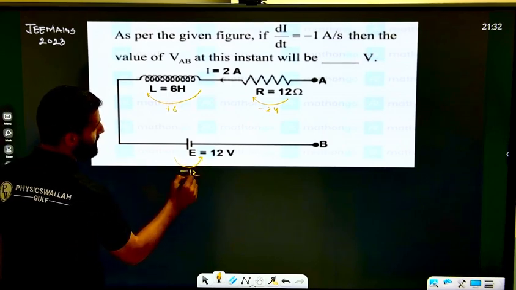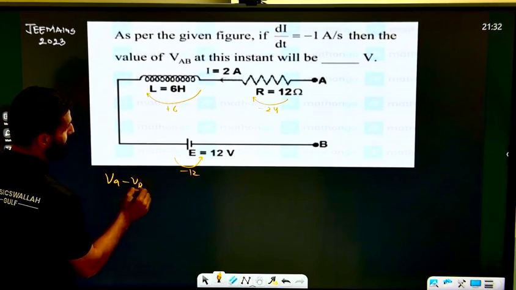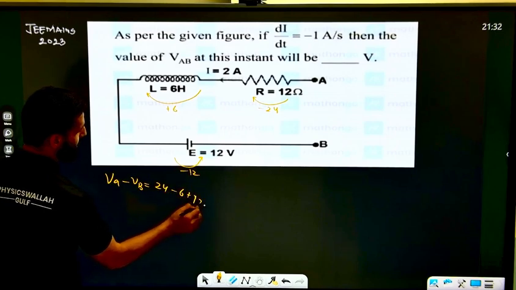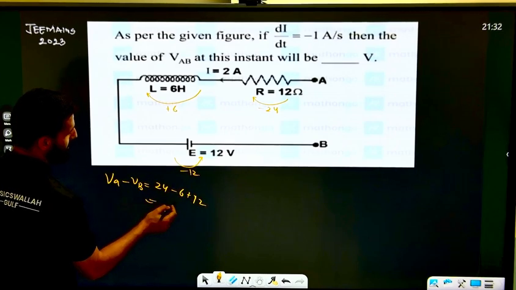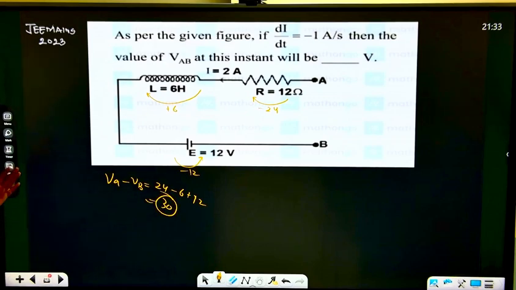Minus 12. So VA minus VB will be equal to 24 minus 6 plus 12, that is plus 6. How much? 30.